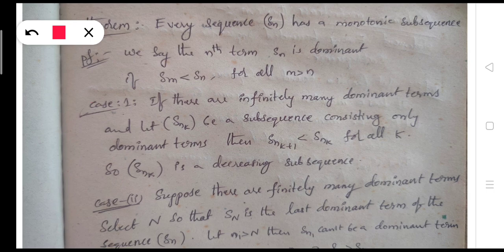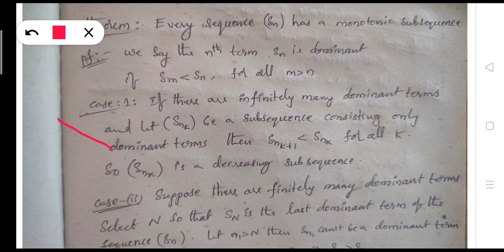Case 1: if there are infinitely many dominant terms, let S_{n_k} be a subsequence consisting only of dominant terms. Then S_{n_{k+1}} is less than S_{n_k} for all k. So S_{n_k} is a decreasing subsequence.